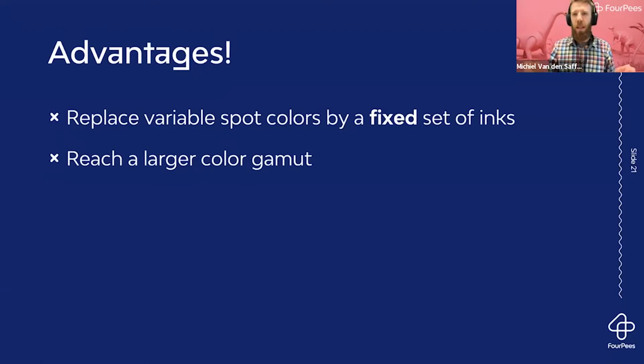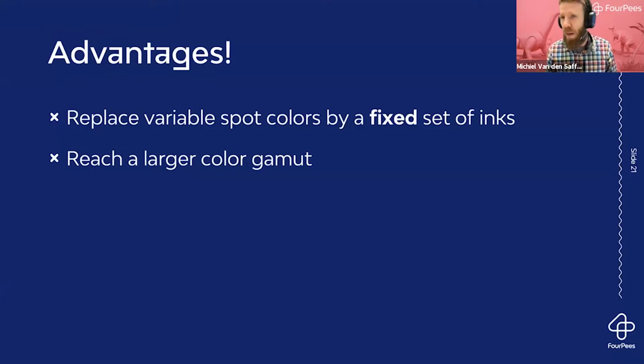You can print a fixed set of 7 colors that you have characterized, that you have profiles for. So you never have to change your inks. You have just CMYK and whatever extra primaries you chose to use on your press at all times to print all the jobs. Cool, you save a whole bunch of time because you don't have to spend 20 minutes cleaning your press in between every press run.